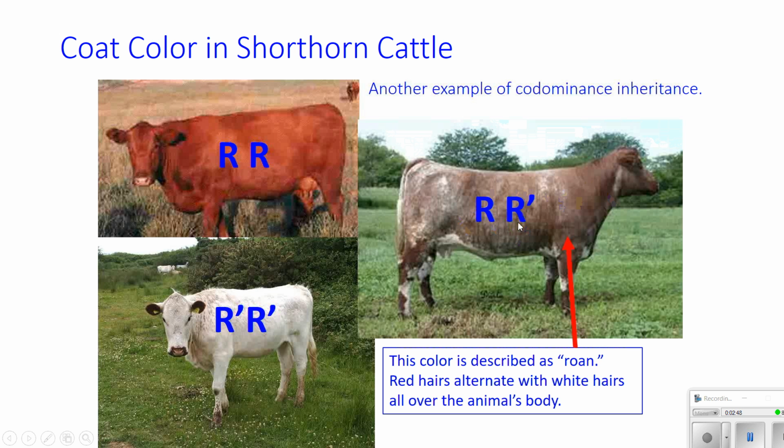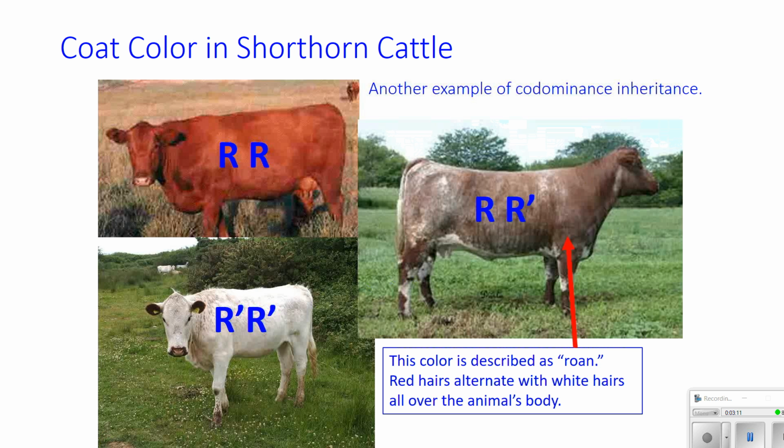and the color is described as roan, R-O-A-N, roan. It looks like it's an in-between color, but actually if you could get down at the skin level, you would see that basically every hair on this animal is either red or white. Each individual hair is either red or white.